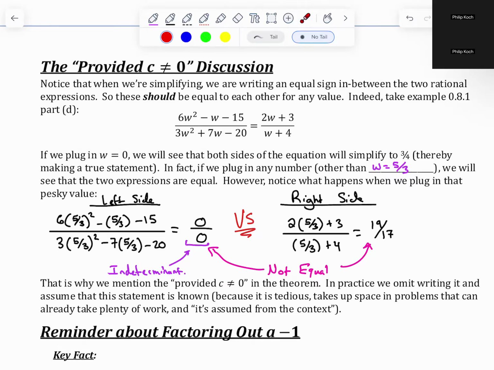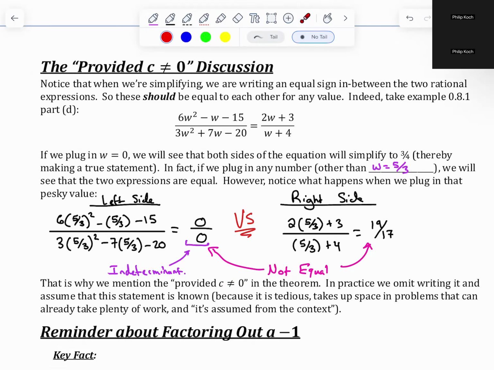But it still does play a role for us once we start talking about removable discontinuities in two days' time, because we'll be talking on Thursday. So there is an importance to this other than just it being a stupid nuance in the statement.